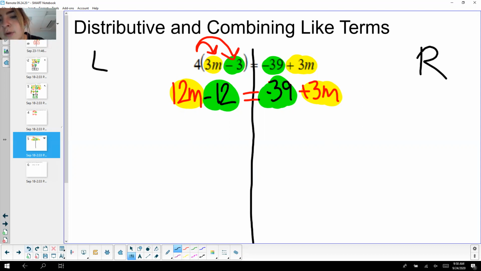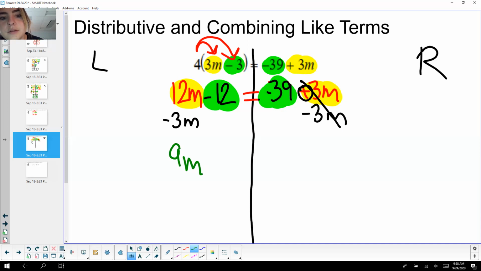So 3 is smaller than 12. So I'm going to go ahead and move 3m to this side. The opposite of adding or a positive 3m is negative 3m or subtracting 3m. That's going to cancel. I'm going to be left with 12m minus 3m. And then that's going to be left with 9m.